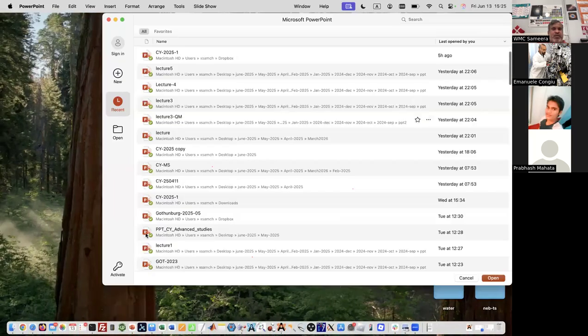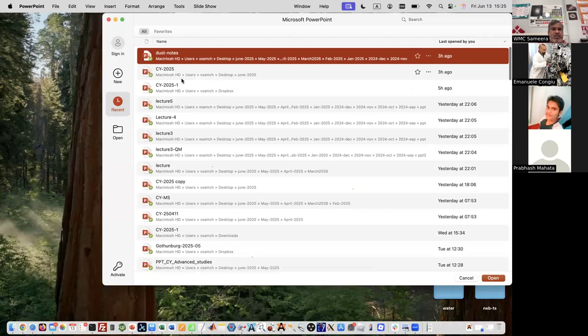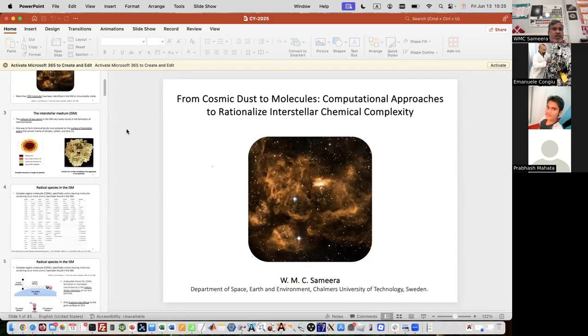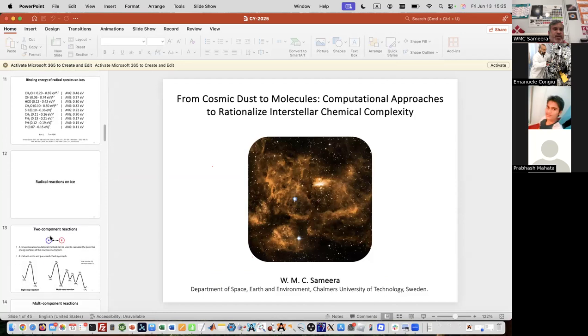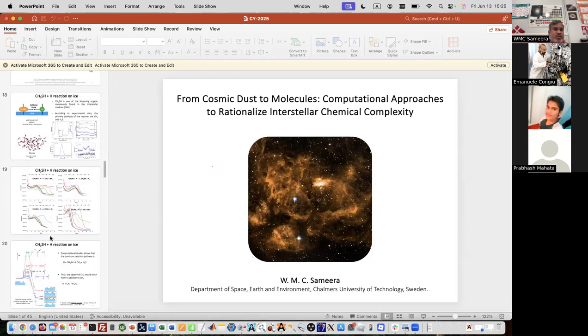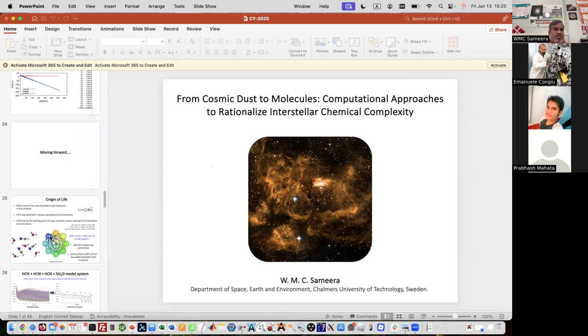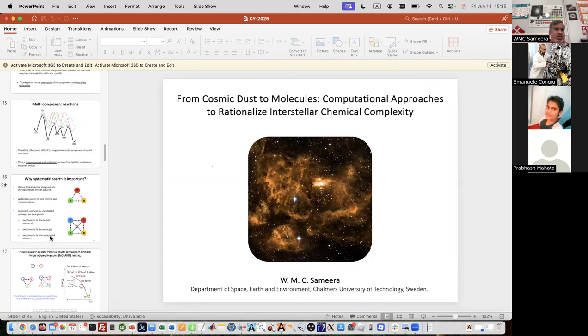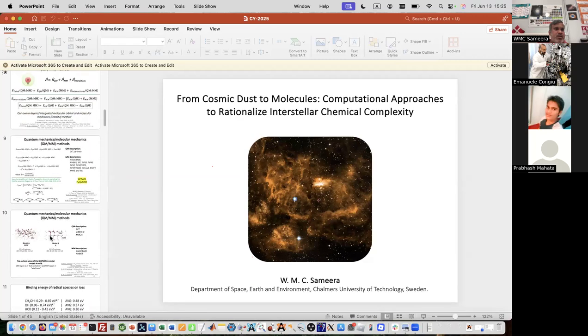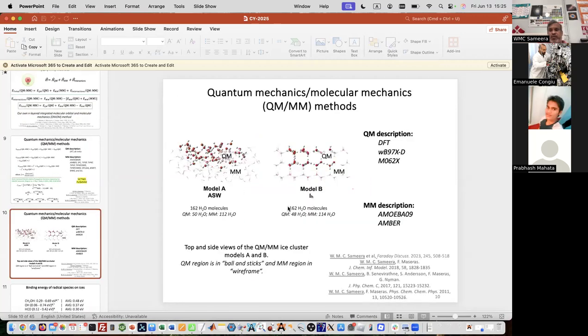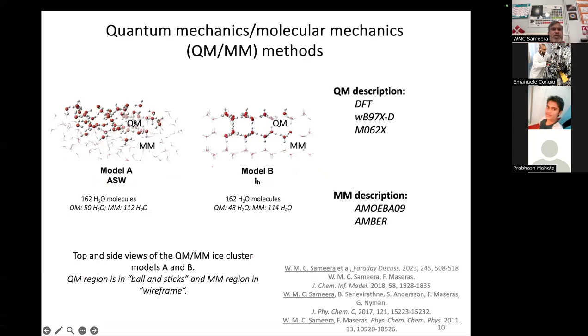For example, here you can see one of my systems. This is actually a QM/MM calculation. I'm not using XTB here, but the idea is the same. This is ONIOM, and here you can see water molecules.